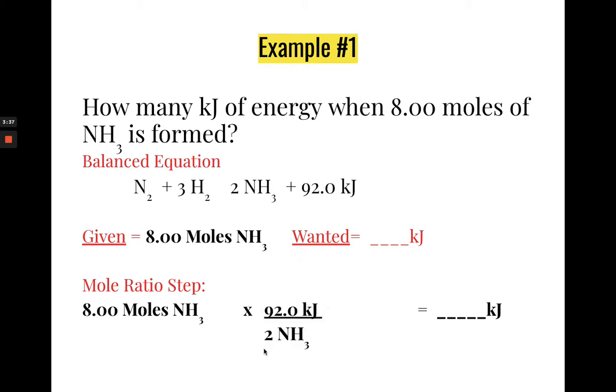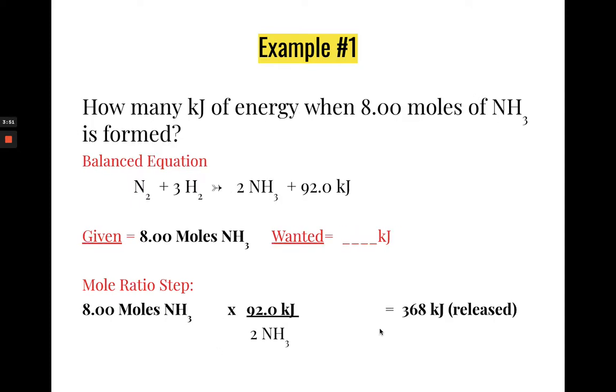So here is our ratio from the balanced equation, 92 kilojoules for every 2 moles of ammonia that are released. So we will do 8 times 92 divided by 2, and that will give us 368 kilojoules released. And again, 3 significant figures since we have 3 here and 3 here.